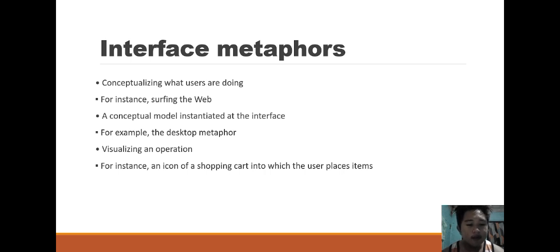They exploit the user's familiar knowledge, helping them understand the unfamiliar. Examples of interface metaphors include conceptualizing what users are doing, such as surfing the web; a conceptual model instantiated at the interface, like the desktop metaphor; and visualizing operations such as an icon of a shopping cart into which the user places items.